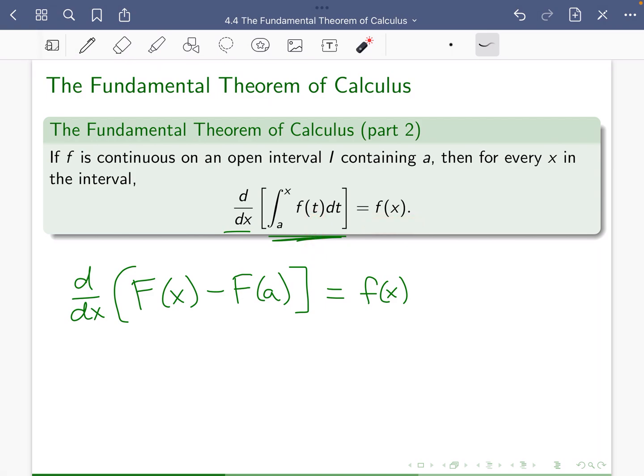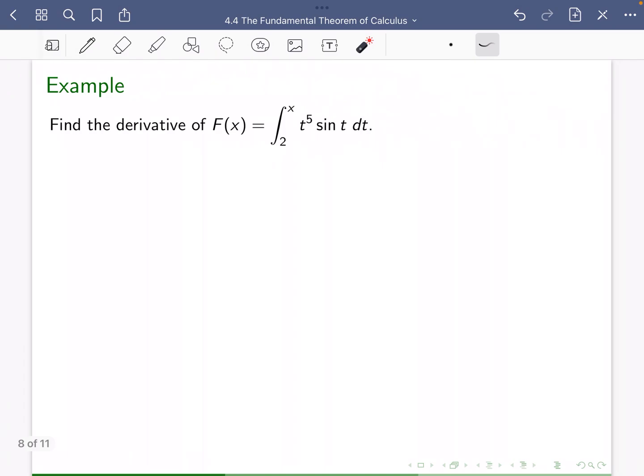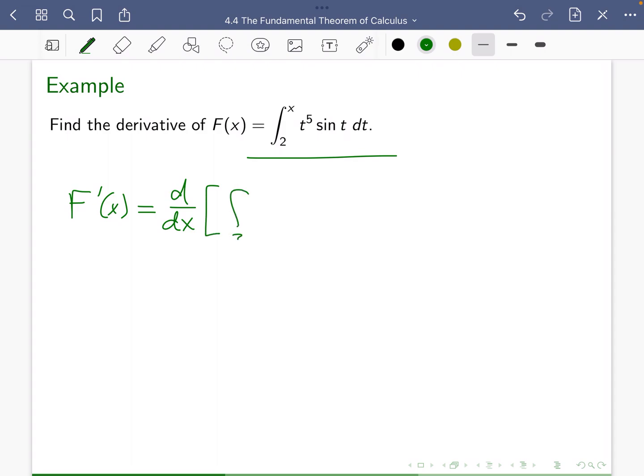All right, so let's look at some examples. Here, we want to find the derivative of this thing. We want to know what is f prime of that thing. What is the derivative of the integral from 2 to x of t to the 5th sine t dt?